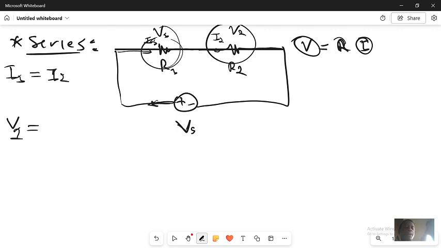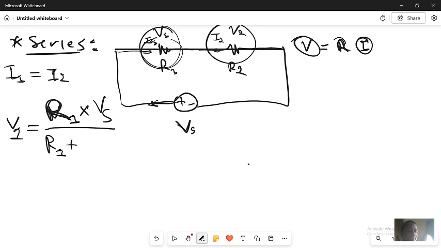To determine V1, since they are in series, I take the resistor R1, because I want to find V1, so it is R1 multiplied by Vs, the voltage supplying both resistors, divided by R1 plus R2.